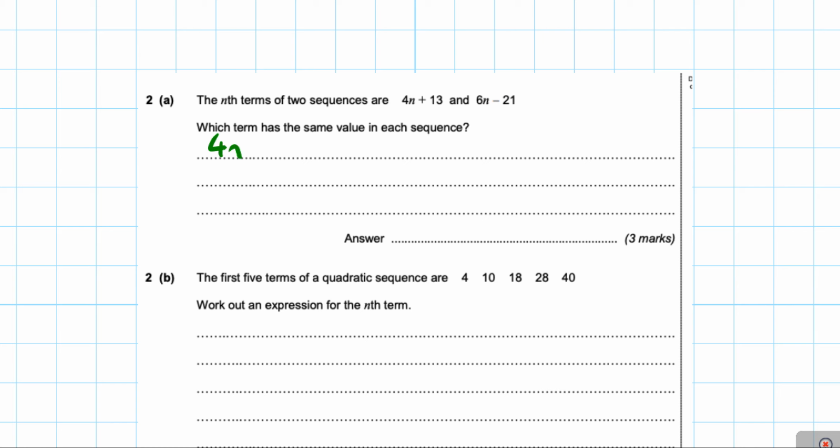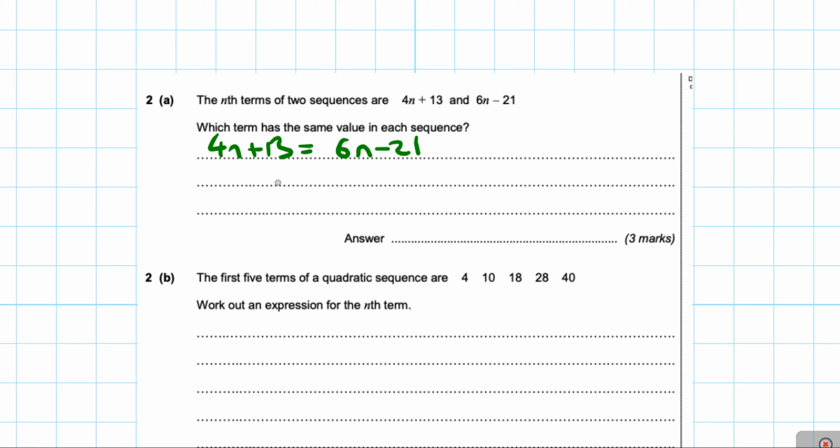So that's going to be 4n plus 13 is equal to 6n minus 21. So at some point they're going to equal each other. Once we make them equal to each other, we can rearrange and find the n value.